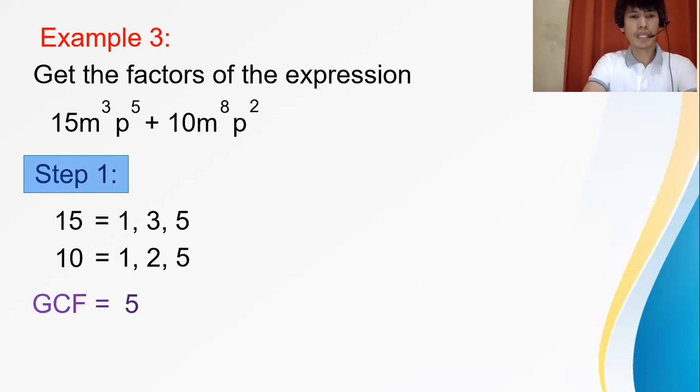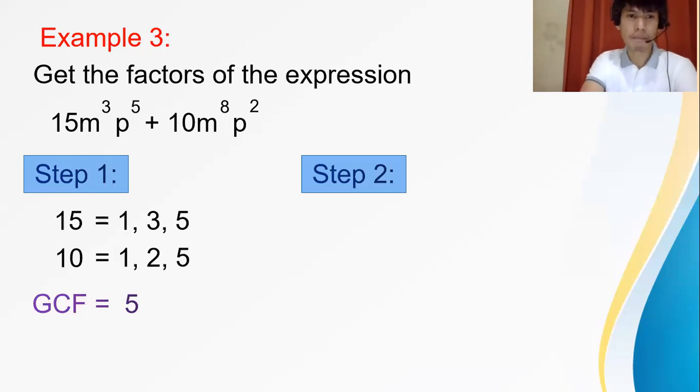Next, the second step is to find the variable with the least exponent. Both terms have m and p. So we compare m to the third power and m raised to 8.